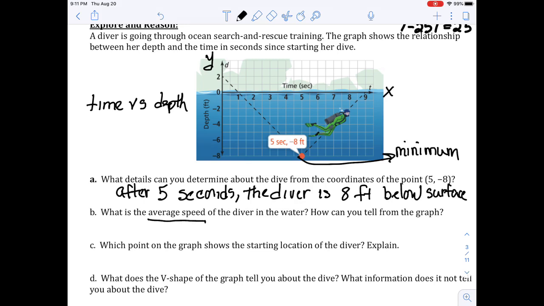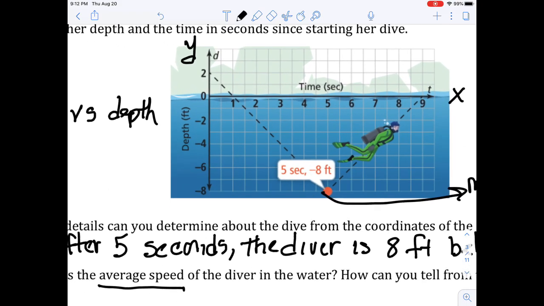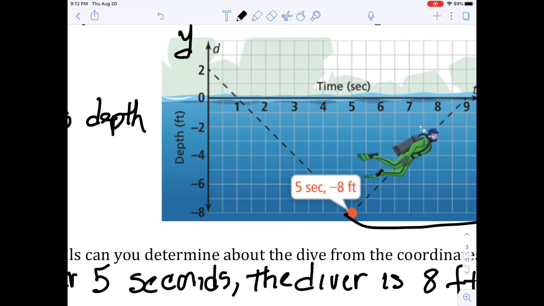What is the average speed of the diver in the water? How can you tell from the graph? So let's think about this. After 1 second, the diver has moved down 2 feet. And then after another second, so let me zoom in on that so we can be completely accurate.